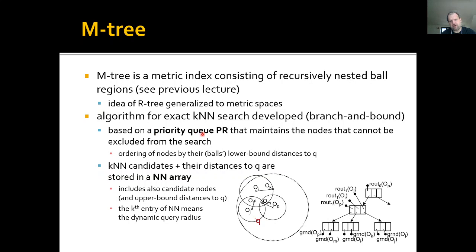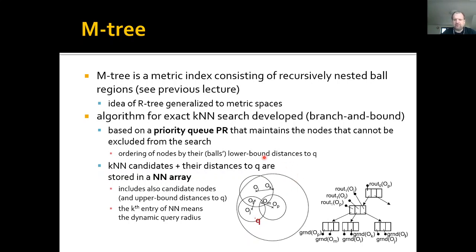That's a priority queue, PRQ, that maintains a queue of requests for processing, and these requests are nodes that need to be processed and cannot be excluded from the search. And these nodes, of course, map to regions. So we have the M-tree here, the metric representation of the M-tree in the space, and we have the query.